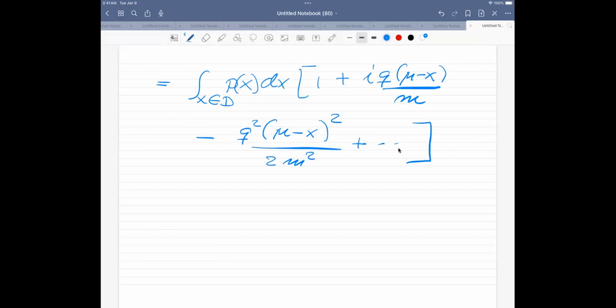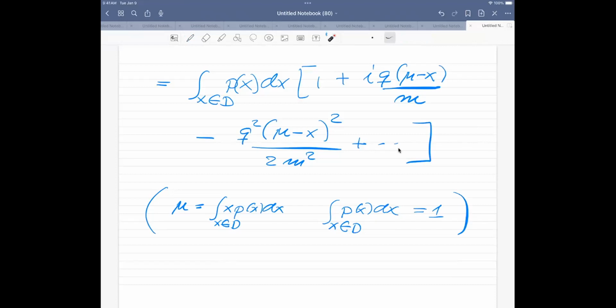Now, if you look at these terms, let me remind you on this slide that mu is just the integral over x p(x) dx, and the integral of p(x) dx is equal to 1. If you use these properties, what does the first term give you?